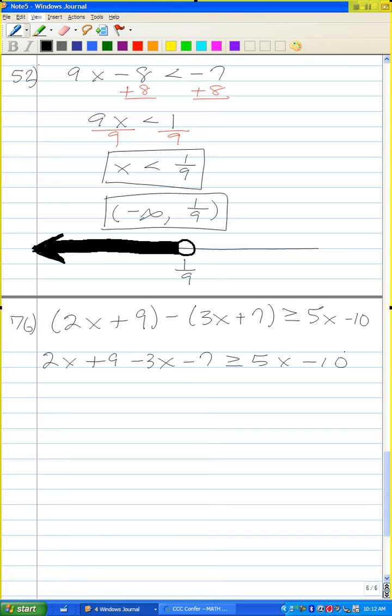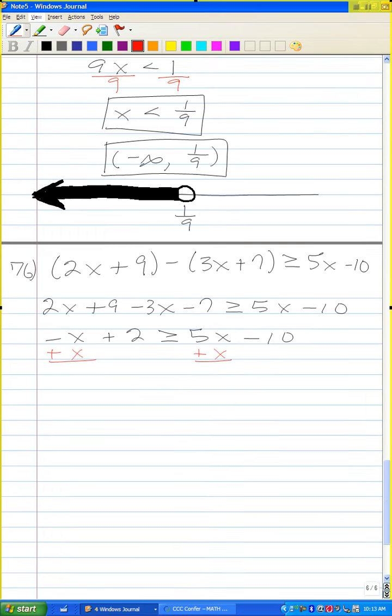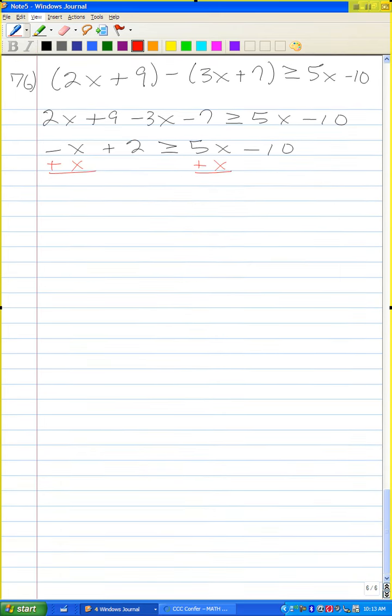Let me combine like terms. 2x minus 3x is a negative x. 9 minus 7 is a positive 2. Let me add x to both sides of my inequality in order to isolate x on one side of my inequality. Be very careful that you choose so that the constant in front of x will be positive.